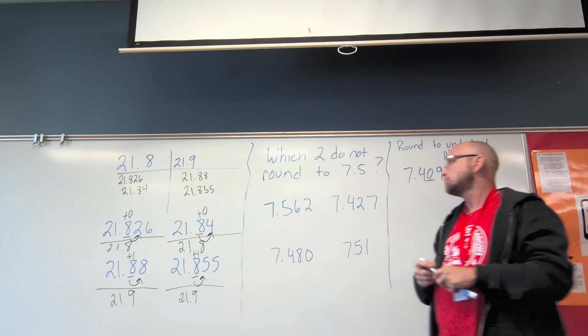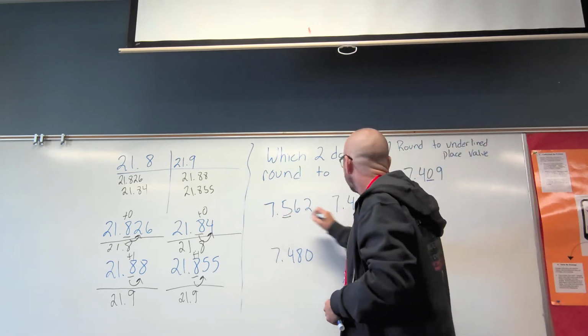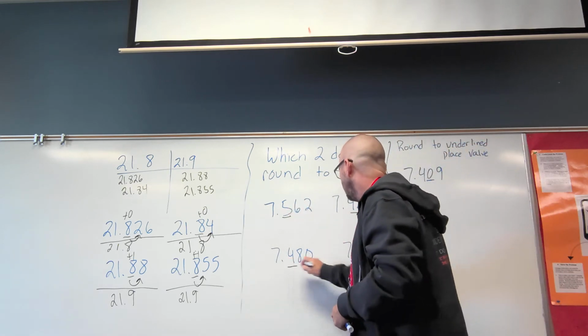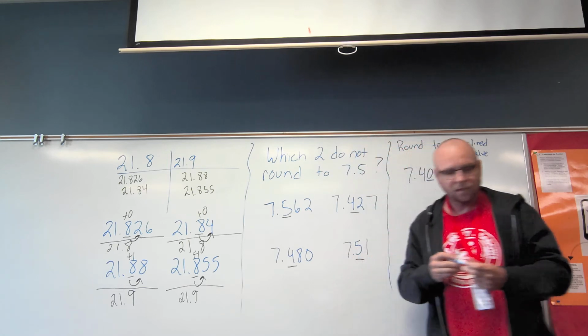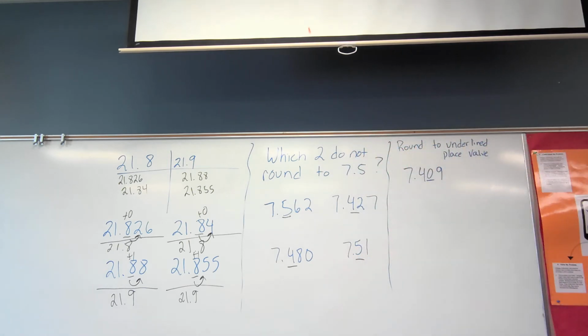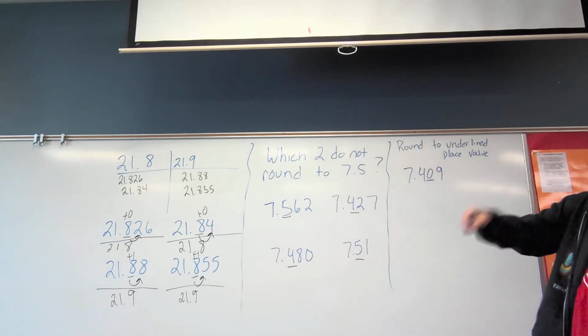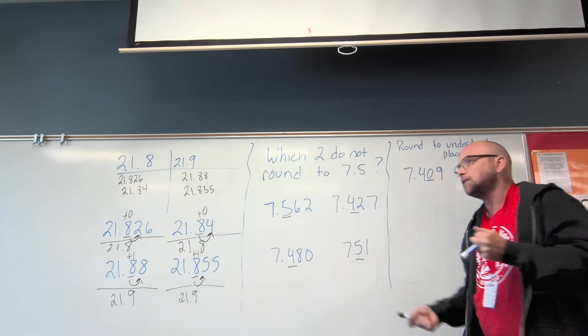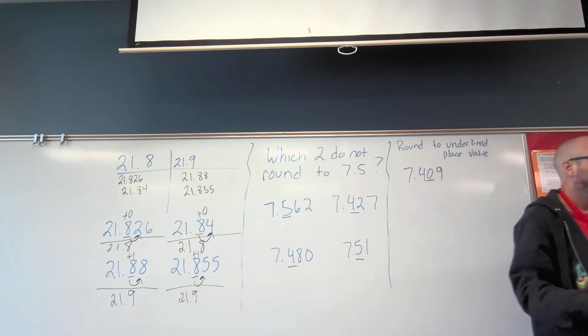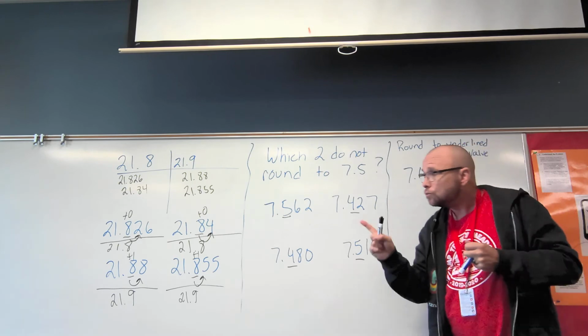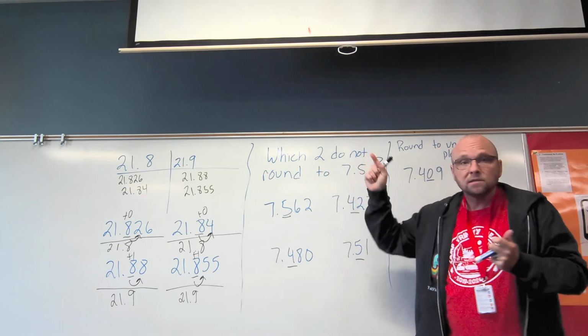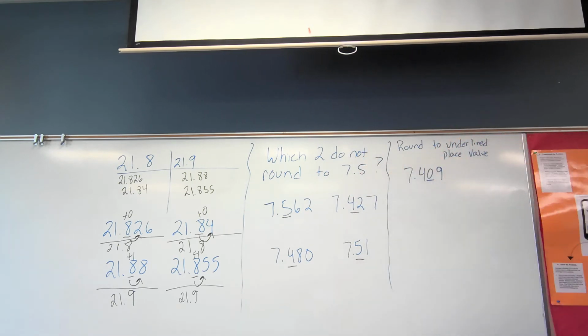Round to the tenths. So we're going to round all of these to the tenths. And our answers are the ones that do not round to 7 5/10. Not the ones that do, because it says not.